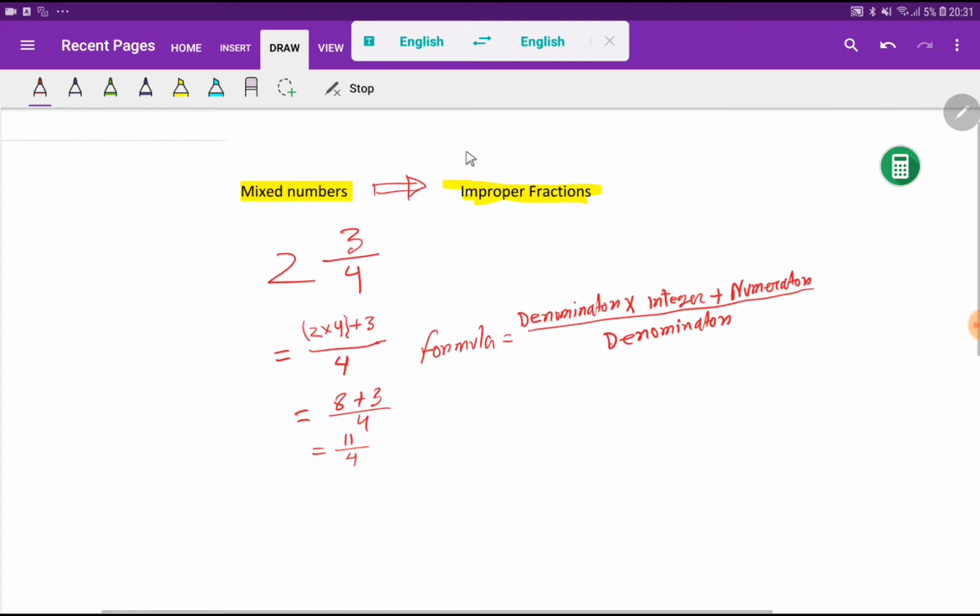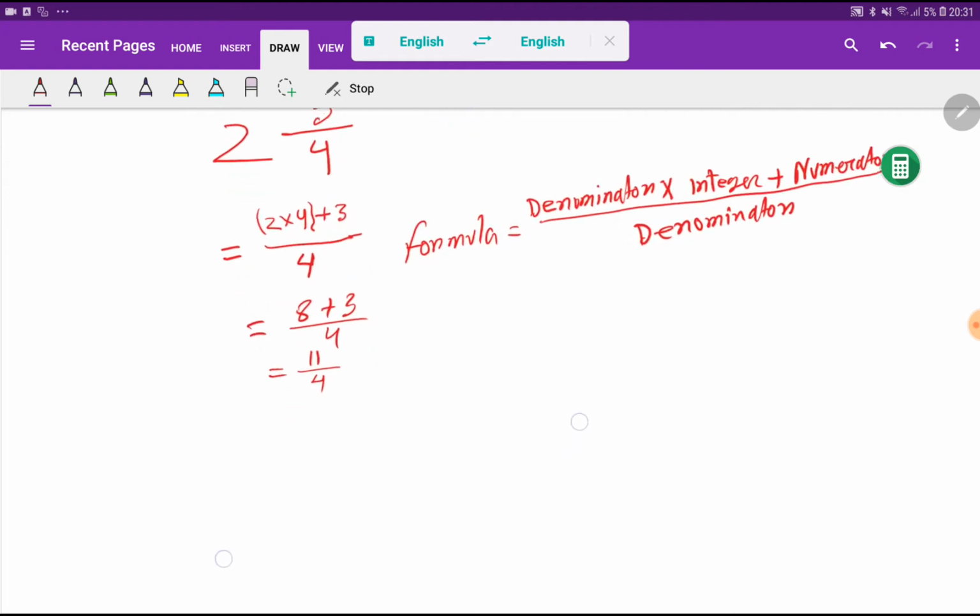Right? Look at here, I have used this formula, denominator times, or you can change this position, integer times denominator or denominator times integer, right? That is, denominator times integer plus numerator divided by denominator.